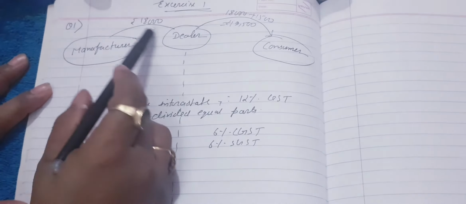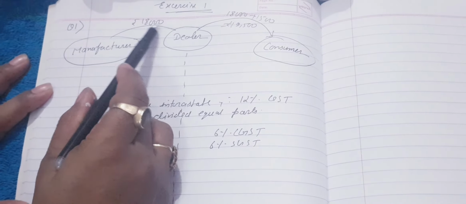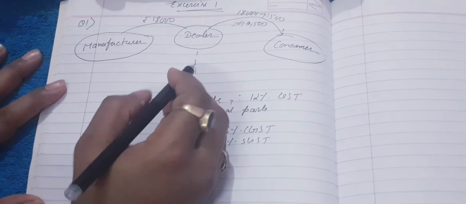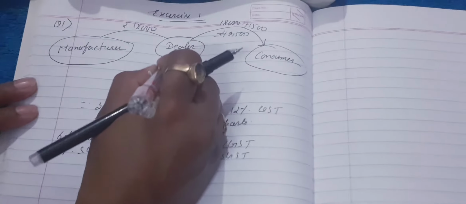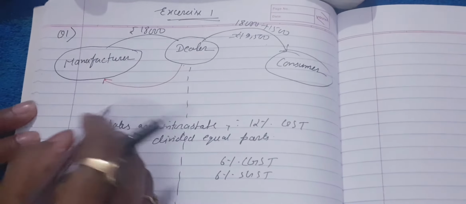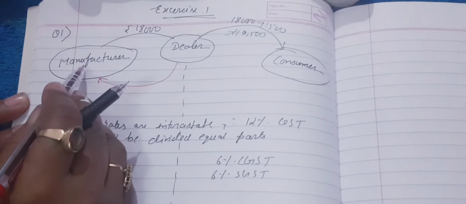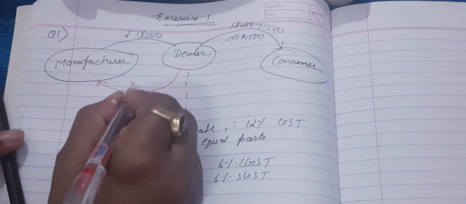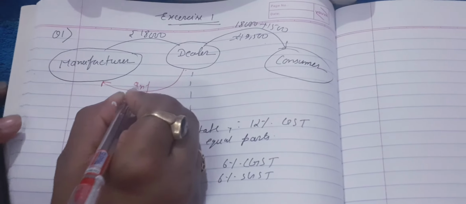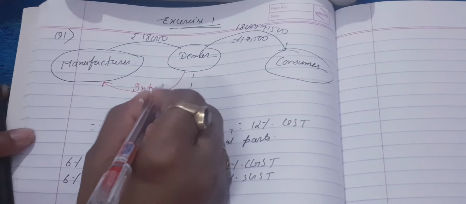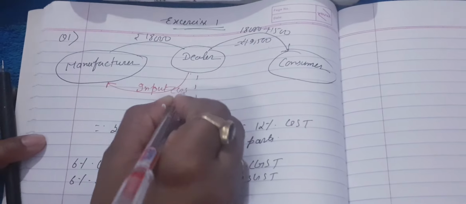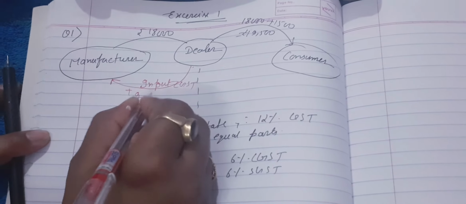What we have done: this is the selling price of the television for the manufacturer, this is the selling price for the dealer. Now the dealer will pay a tax to the government via the manufacturer, and that tax will be named input GST. This is not only GST, this will be input CGST as well as input SGST, both.